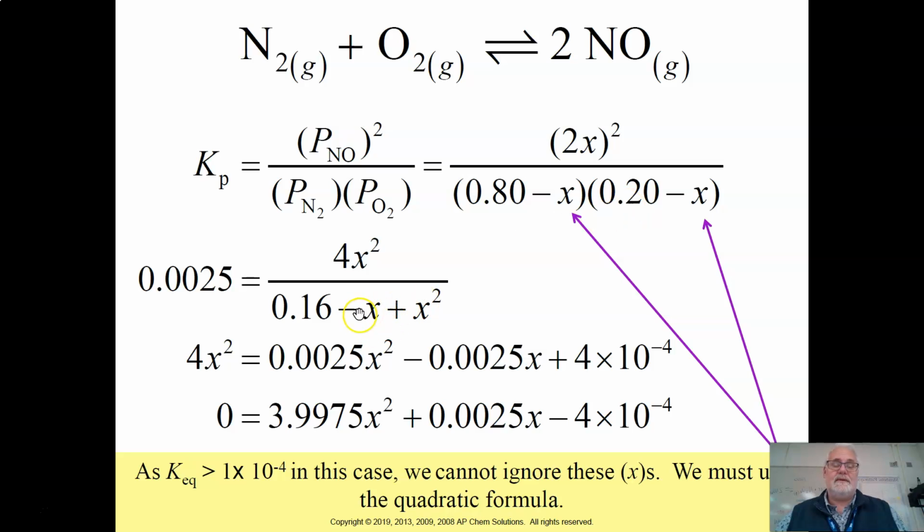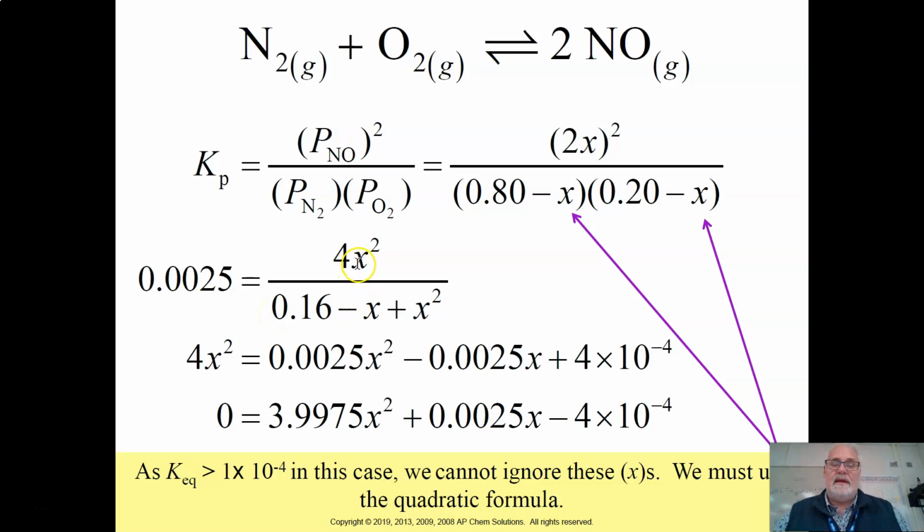That turns out to be 1x, minus 1x. So that's why that math worked out that way. So 4x squared, and then you've got this thing right here that you got to solve for an x squared and an x and just a regular old number there.